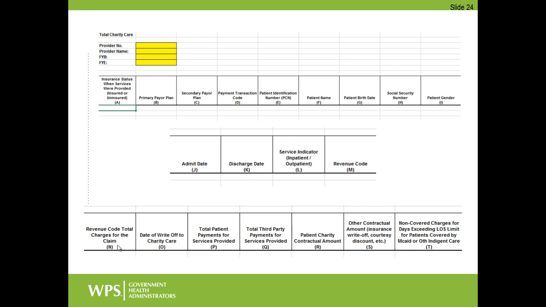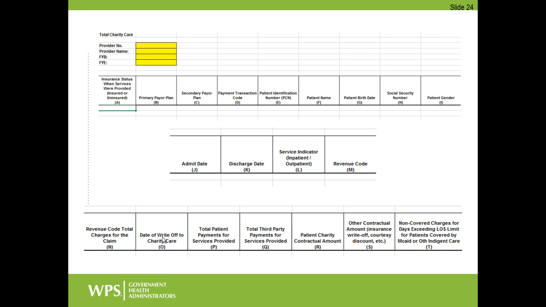This, of course, is not the amount that's going to be reported on line 20, but we need to see this amount here as a starting point, and then we're going to identify what was the disposition of all of those charge amounts. Where did they go? Who did they get paid by? Or are they left over as uncompensated care? So the revenue code total charges for the claim.